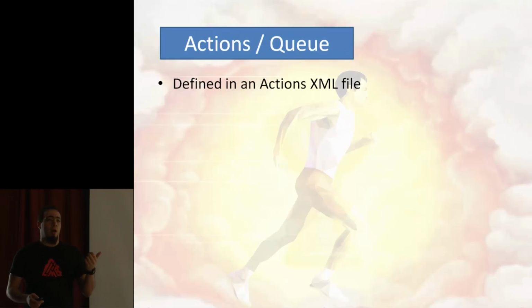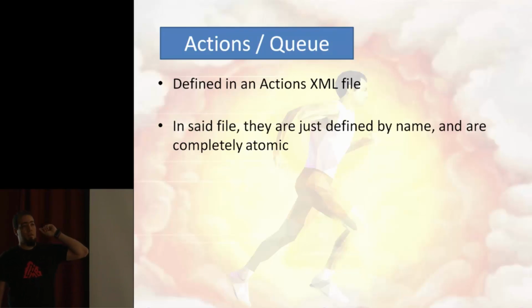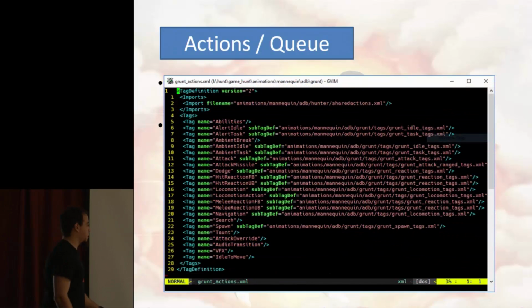Just to fill in the gaps, actions are defined in an actions XML file. The reason they are defined in a file on their own is that when they are defined in an XML file, that looks like this. I promise I'm not going to show you more XML. I lied. But you don't have to worry about anything. The most important thing here is that there is no relation to anything else.